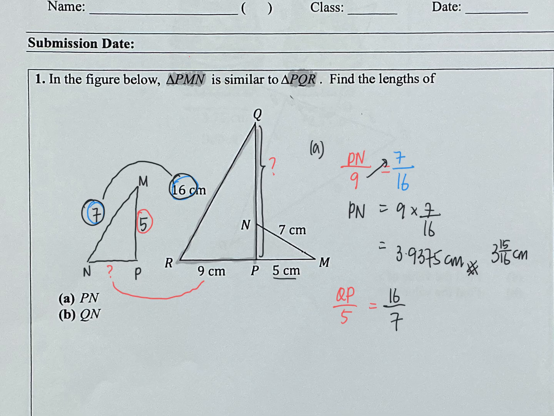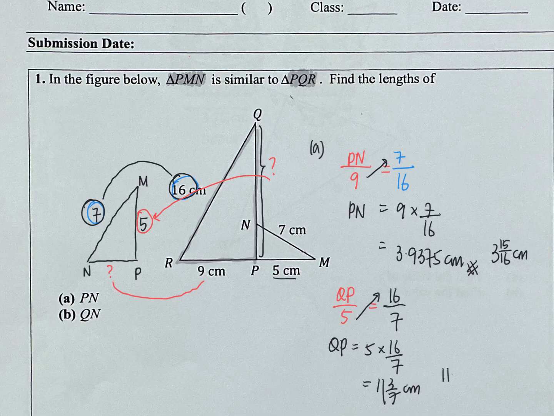So I'm comparing these two now. This with this and that with that. So cross multiply the 5. So you will get 11 3/7 cm.